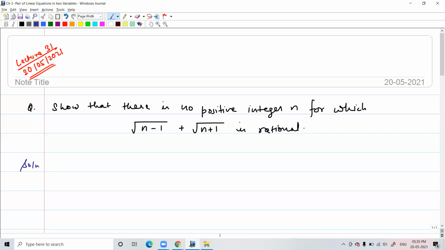Anyone knows how to solve this? Sir, we can take a plus b. Mhm. Say that again, Charan, I couldn't hear you. Sir, a minus b the whole square.